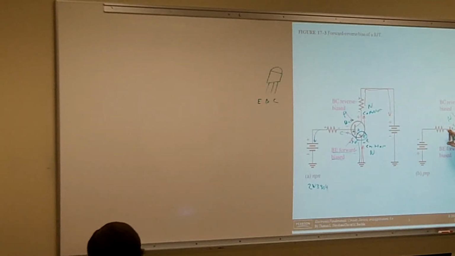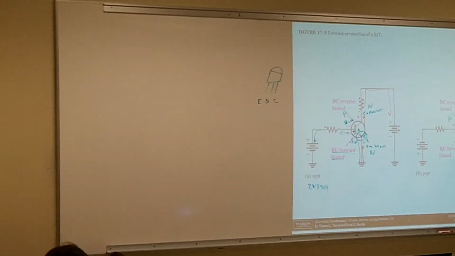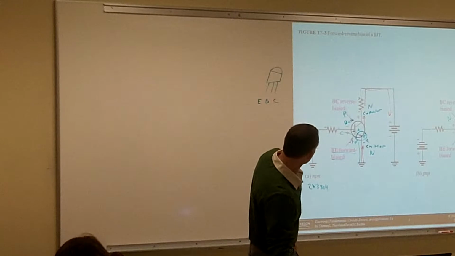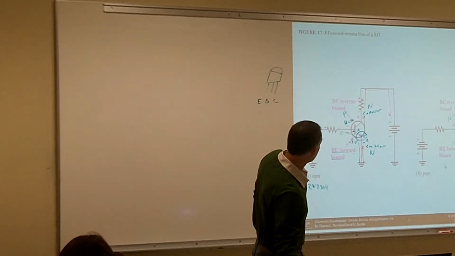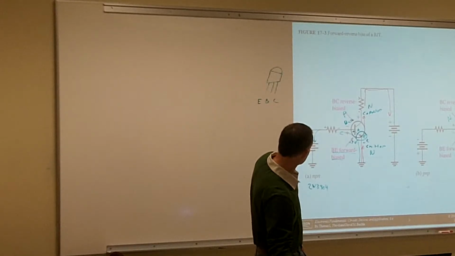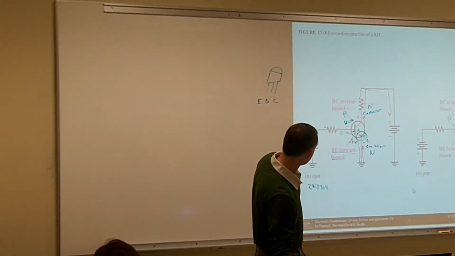On this one, because our arrow is pointing in, this is our cathode side, and our anode is on the emitter side, so for our base to emitter to be forward biased, our base has to be more negative than our emitter. So the big thing to remember is that a small amount of current on our base produces a large amount of current from our emitter to a collector.